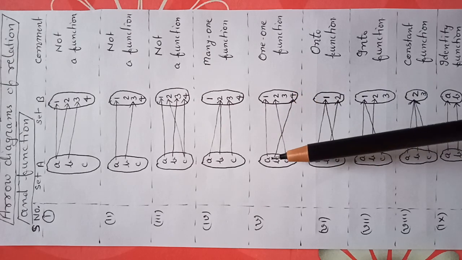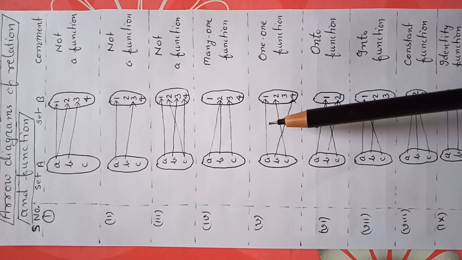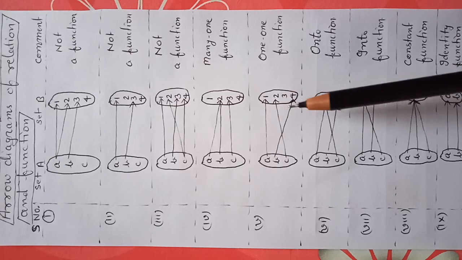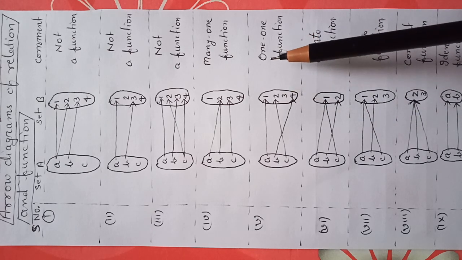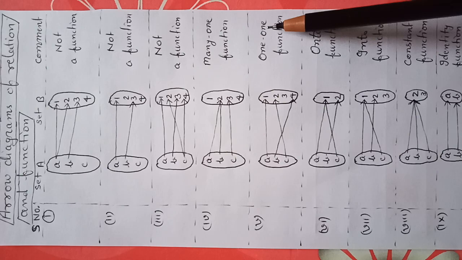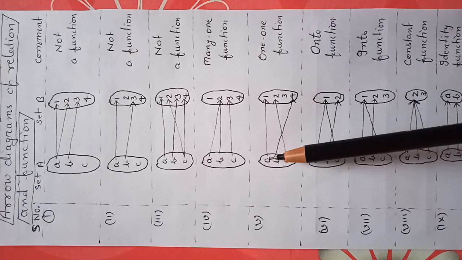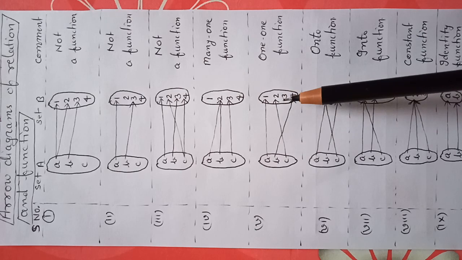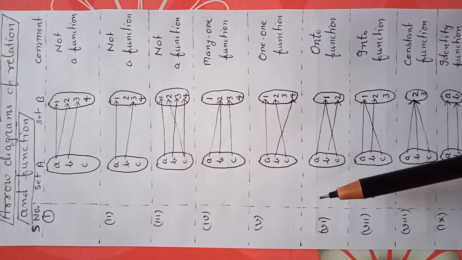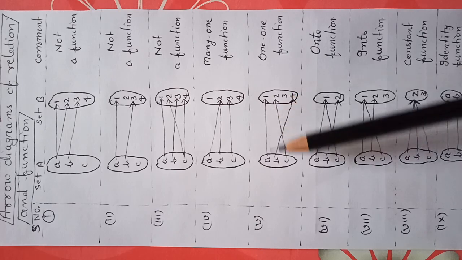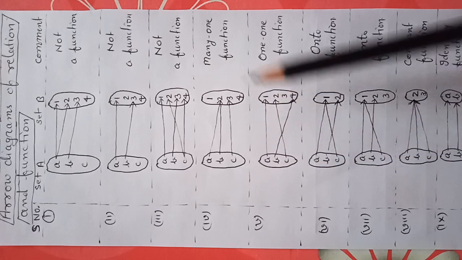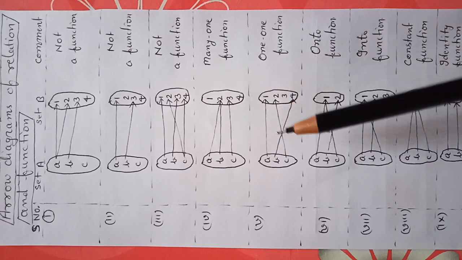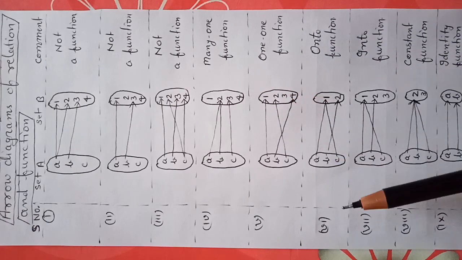We also see that each element has a different image in B, and therefore this is an example of a function which is one-one function. That means one element is associated with only one element of B. This is also an example of a function which is not many one. If a function is not many one, it is one-one function.